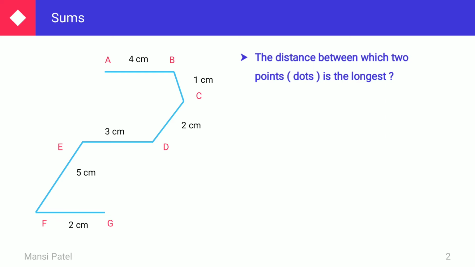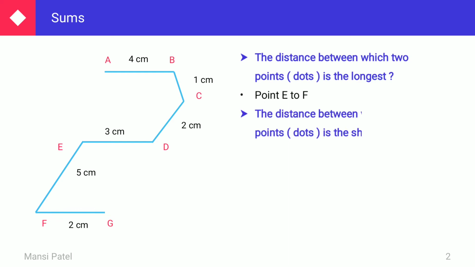From these measurements, 5 cm is the maximum, and this 5 cm is the distance between point E to F. So we can say that the longest distance is point E to F, and that is 5 cm.